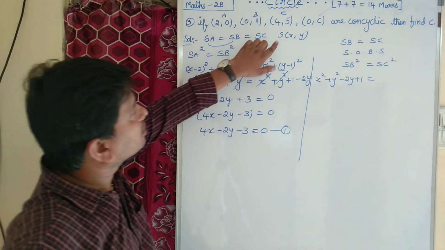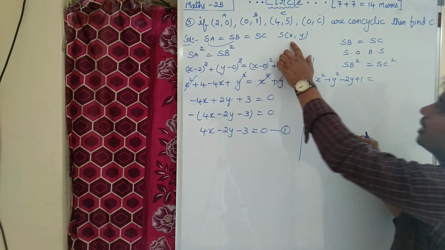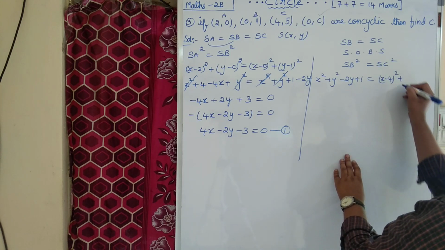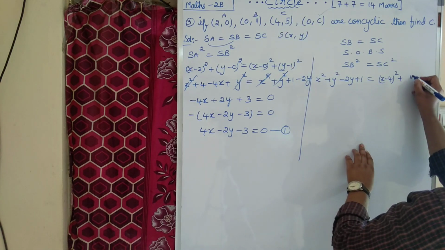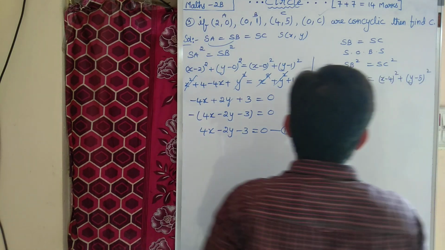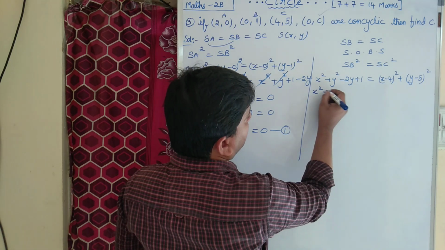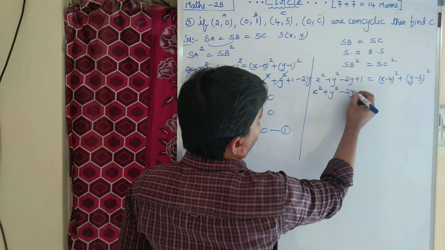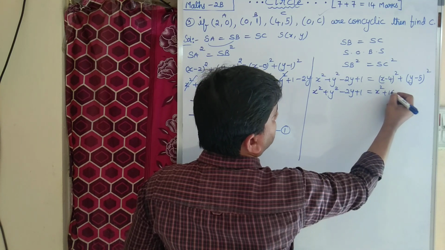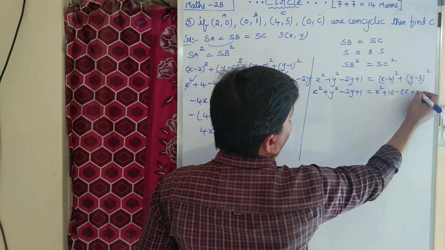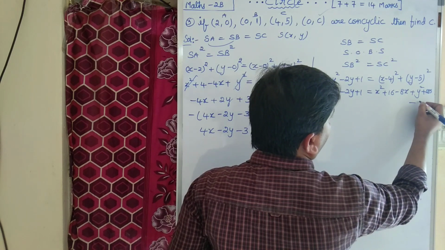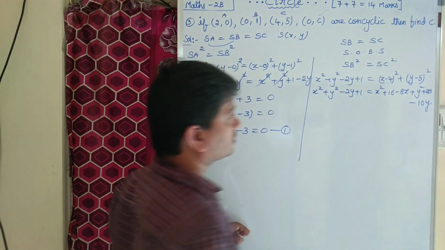The relation between S and C, that is (x minus 4) whole square plus (y minus 5) whole square. So x square plus y square minus 2y plus 1 equal to, using (a minus b) whole square, a square plus b square minus 2ab. Children, is it clear?